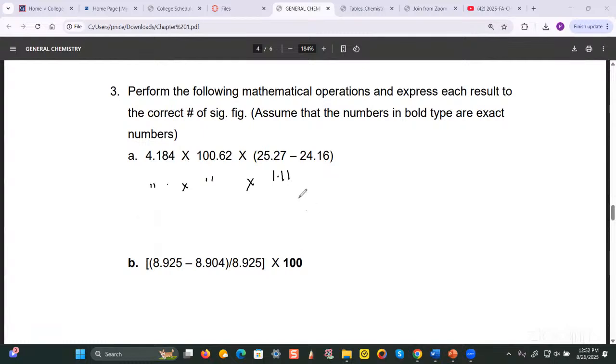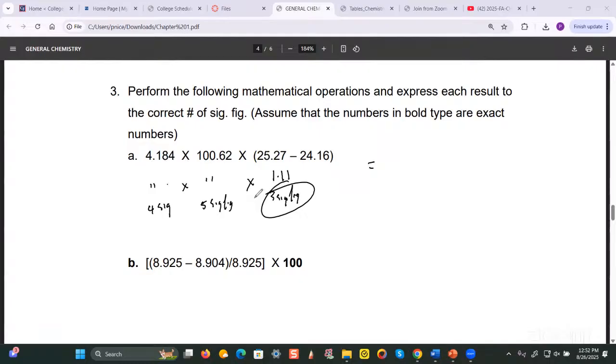Remember, when you're multiplying, you round off according to the lowest number of significant figures. So this has 3 sig figs. This number here has 5 sig figs. And this number here has 4 sig figs. So whatever the calculation results in, you have to round off to 3 sig figs.